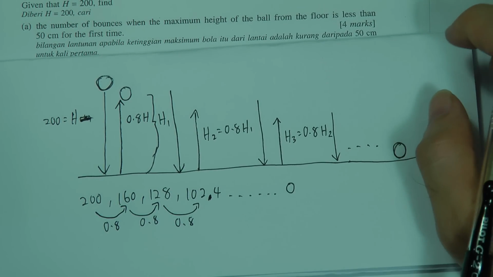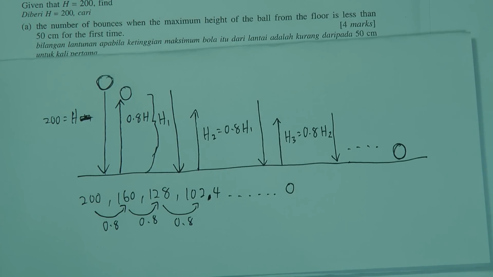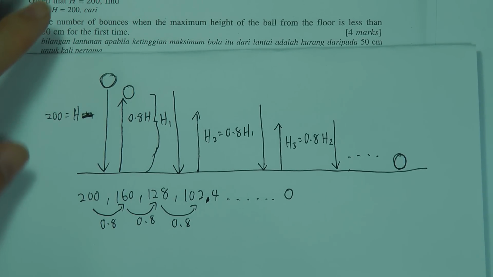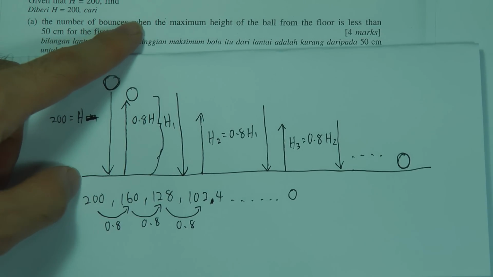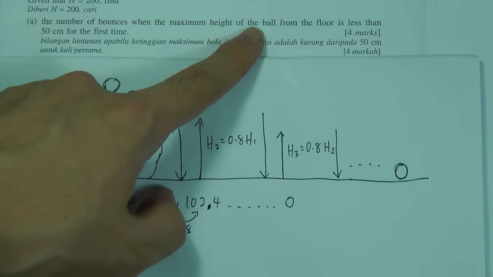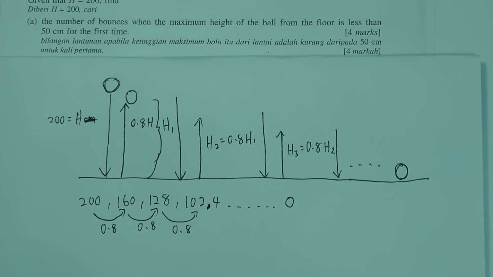In this question he actually gives you a lot of traps. The first part asks for the number of bounces when the maximum height of the ball from the floor is less than 15 cm.